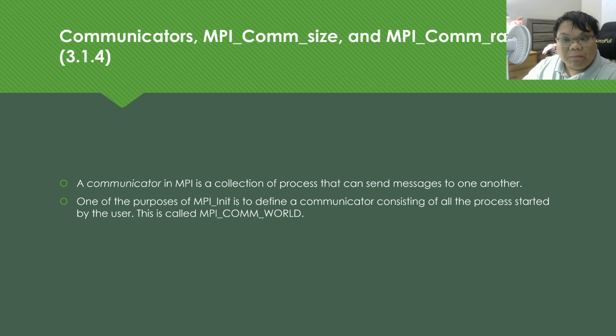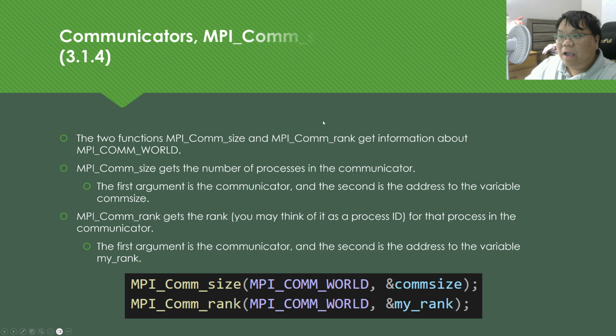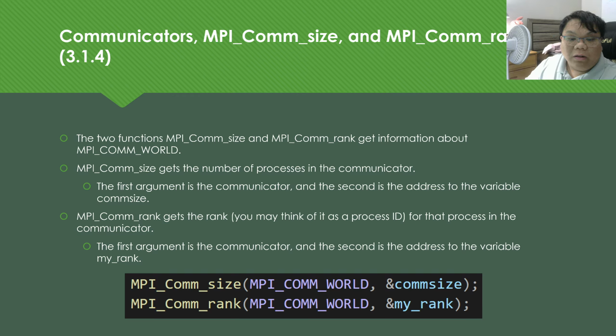There is always going to be a default communicator that is called MPI_COMM_WORLD. These two functions, MPI_Comm_size and MPI_Comm_rank, get information about MPI_COMM_WORLD. There is no reason why we can't define other communicators, but for our purposes here, we're just going to be working with the default communicator.